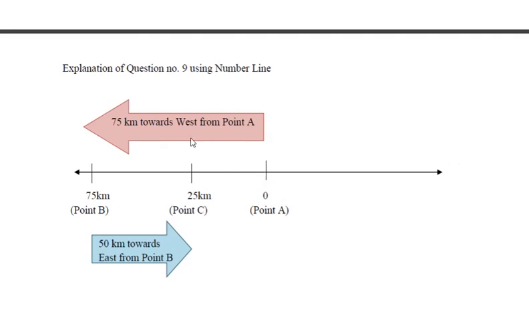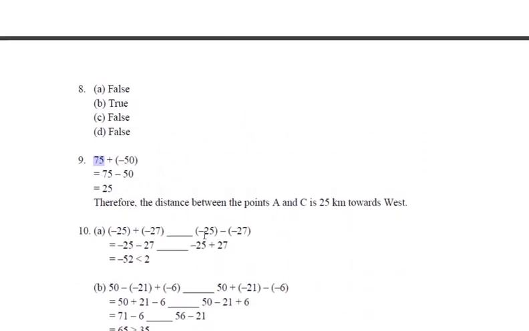First he travels towards the west side, that is 75 kilometers, so from point A he goes to point B. Then he travels back towards the east side, 50 kilometers to reach point C. Ultimately he is landing towards the west side only, isn't it? So we can write that the distance between the points A and C is 25 kilometers west.